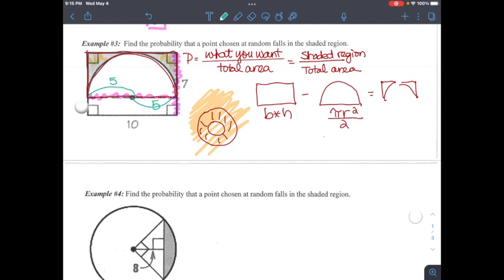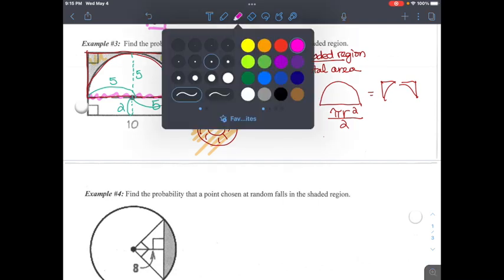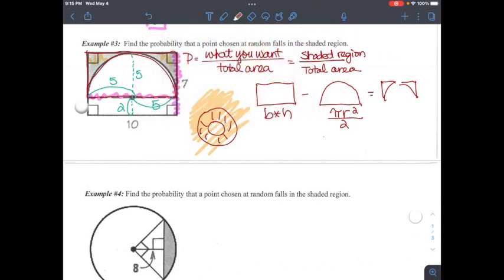Radius is all the same measurement, so from here to here is also 5. Because of that, I know this right here is going to be 2, because 7 minus 5 gives me the 2. Let me try it in a different color so you can see it better: 7 right here and 5 right here give me the 2 right here.